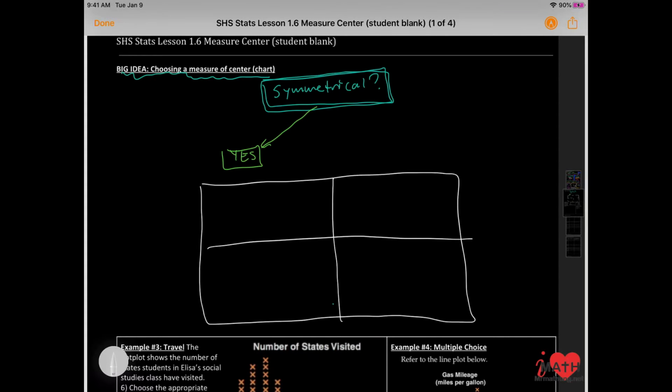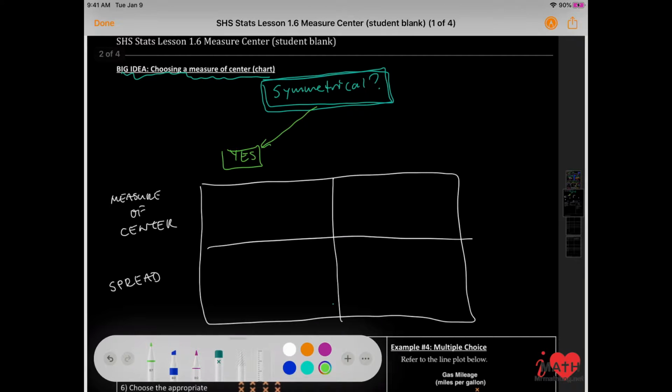And this is called the measure of center that we would use. And over here is the spread. We actually talked about that before. Remember the jam? Okay.